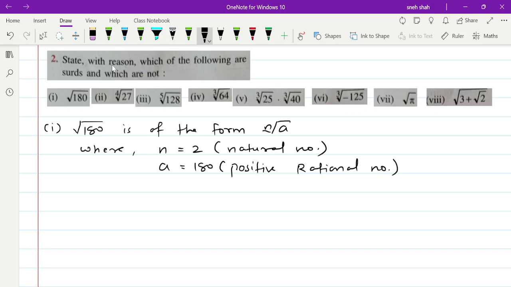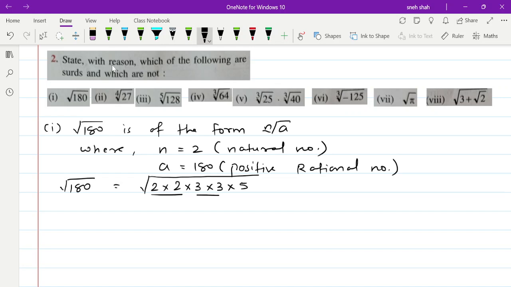Now for the third criteria, we will have to simplify the given expression to its lowest form using prime factorization. So 180 can be written as 2 into 2 into 3 into 3 into 5.